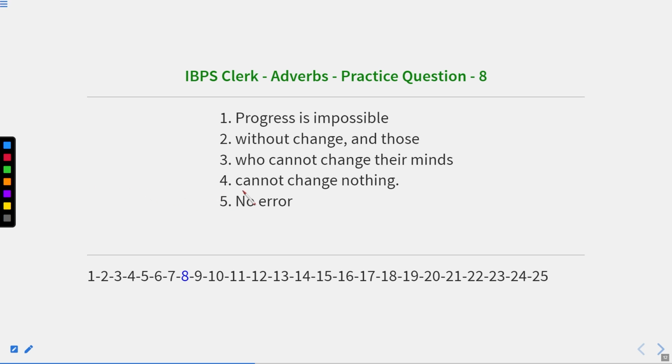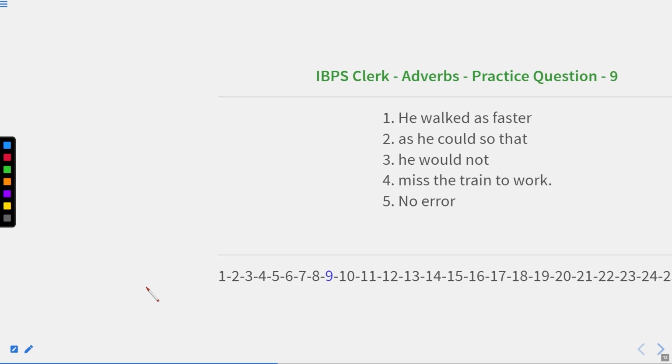Therefore, nothing should be replaced with anything. So here the correct answer will be 4. And it should be cannot change anything. So the correct sentence will be progress is impossible without change, and those who cannot change their minds cannot change anything. So this will be the correct sentence. Now let us move to the next one.